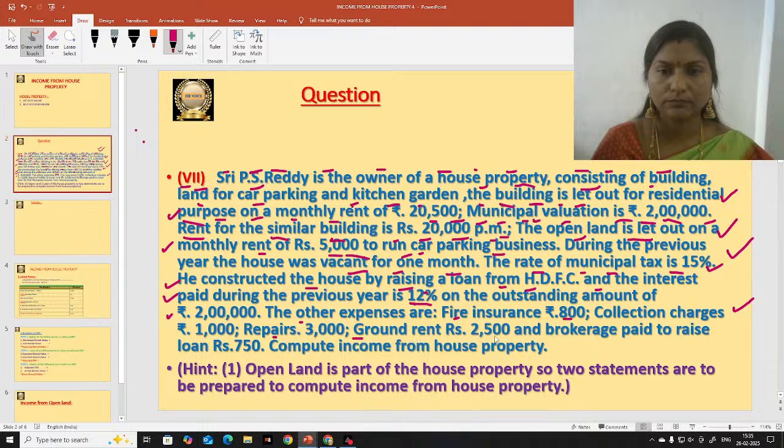Ground rent also we don't take anywhere. And next, brokerage paid to raise the loan. For taking the loan, he paid some brokerage charges, that is 750 rupees. This also we are not going to take anywhere. So all this information we don't require. Whatever charges are given here, we don't record in the statement. Next, compute income from house property. We are going to calculate income from house property now.